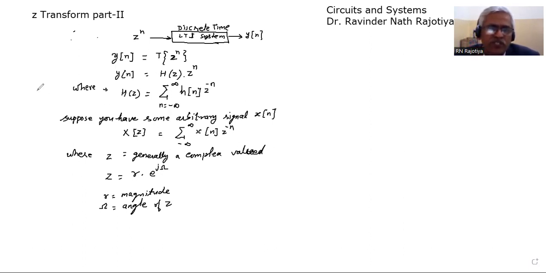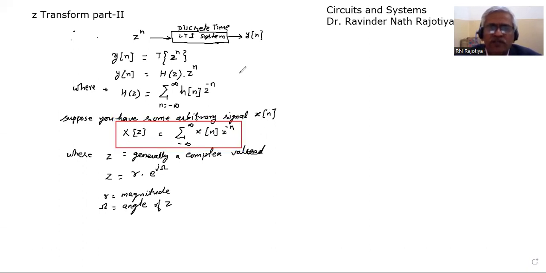So this particular equation, let me highlight it, as can be clearly seen, is bilateral. It is both sided. As you can see, this is a bilateral or two-sided Z transform.